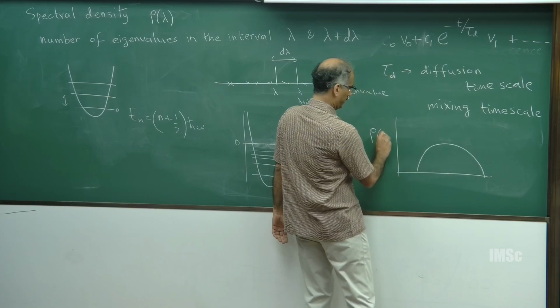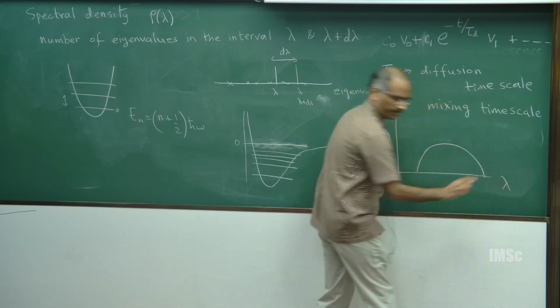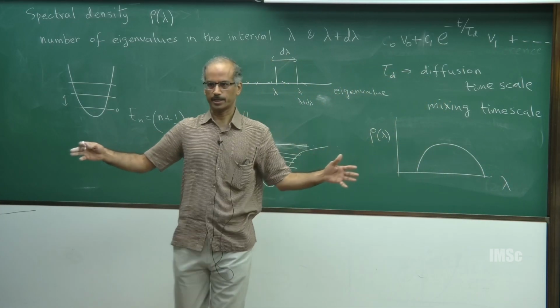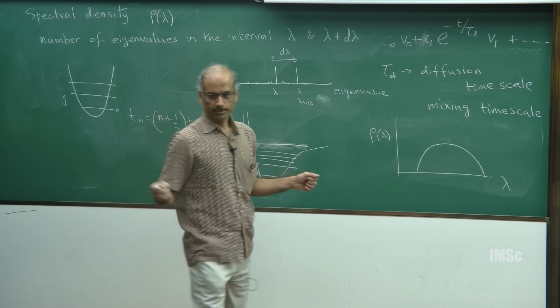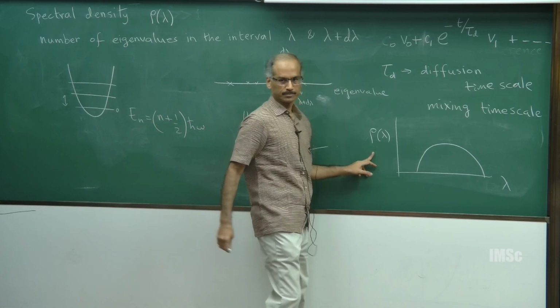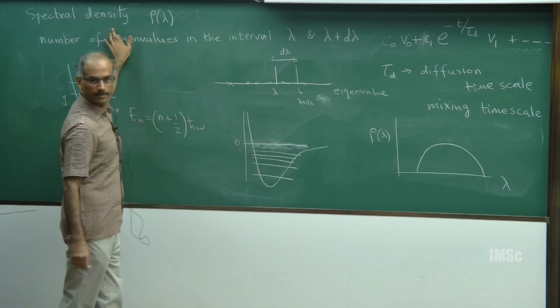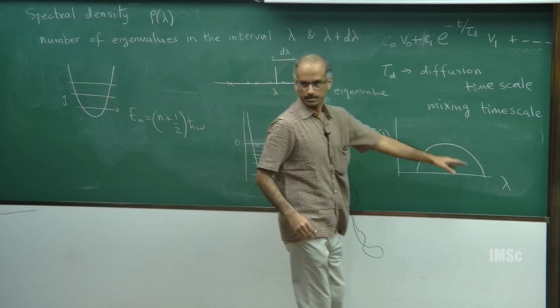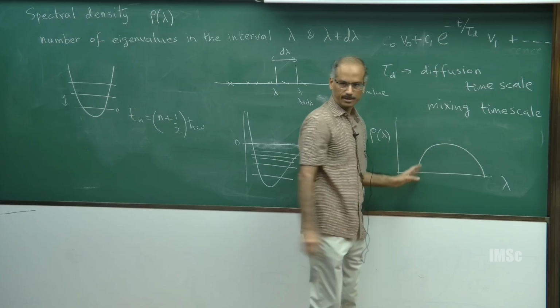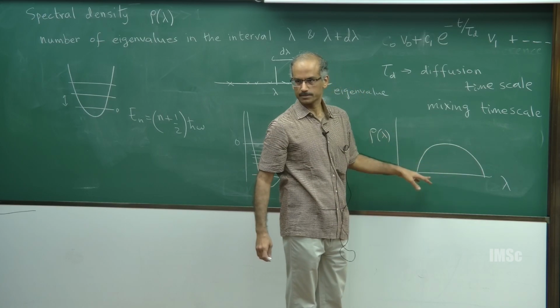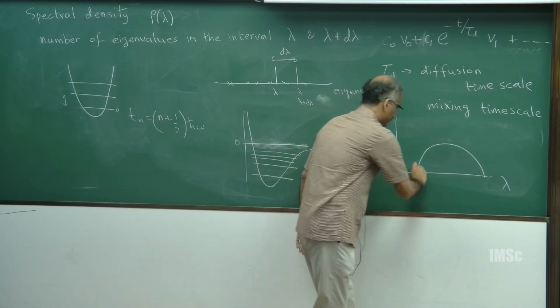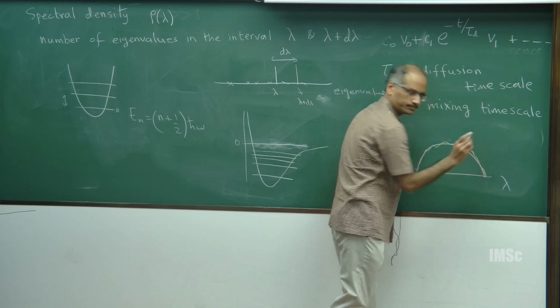This is rho of lambda as a function of lambda. You take a large Erdős-Rényi network, compute its eigenvalues and plot the distribution, the spectral density. It will look like this with some fluctuations around it, but roughly it will be a semicircle.